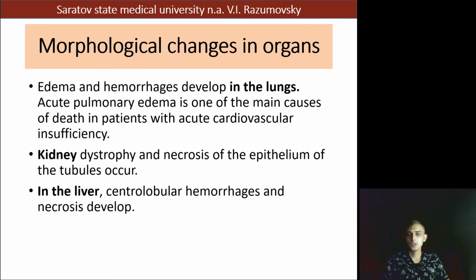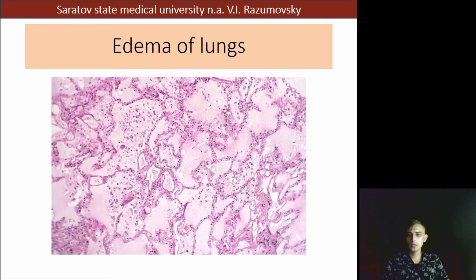In the liver, you may find central-lobar hemorrhages and necrosis. In this slide, you may find picture of edema of lungs. In alveoli, you may find semi-transparent pink masses which will be transudate, which localized in alveoli.